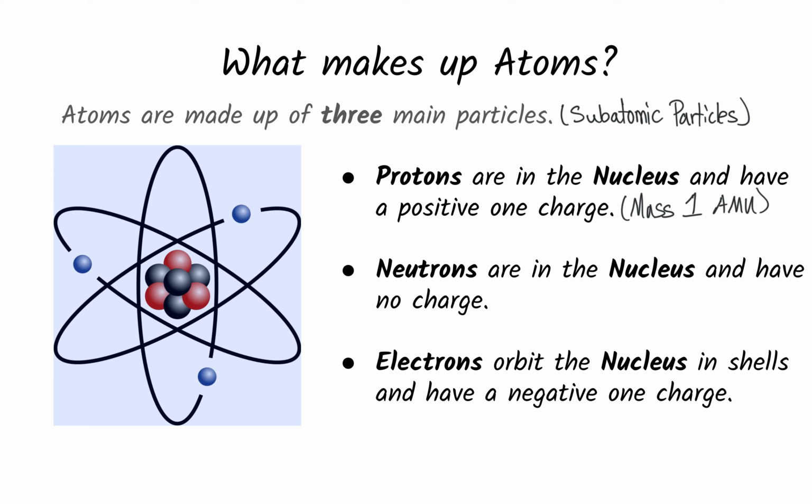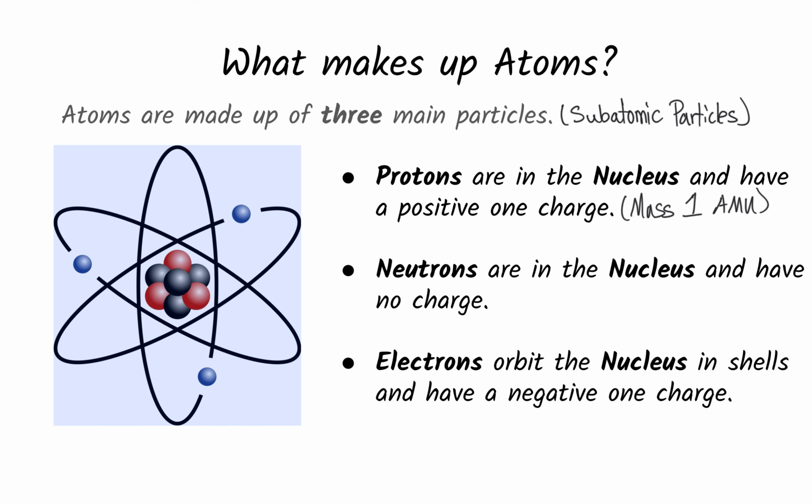The number of protons also determines what type of atom we have. So every time you add a proton, you change the type of atom that we're looking at. 1 proton would be hydrogen, 2 protons is helium, 3 protons is lithium. Neutrons, which are depicted in this picture in the kind of dark gray, are also located in the nucleus, but they do not have a charge.